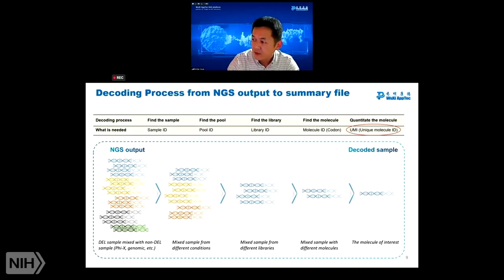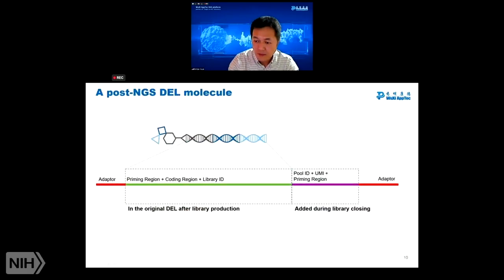Lastly, there is an important segment of the DNA I haven't talked about, known as the UMI, or degenerate region. This is, in my opinion, the most important part of DEL sequencing. But so far, hopefully I have described a general theme: once the DEL is made, you typically put on the library ID, and a pool ID so that you can differentiate different batches of library pools, and a UMI, and obviously the sequencing adapter.